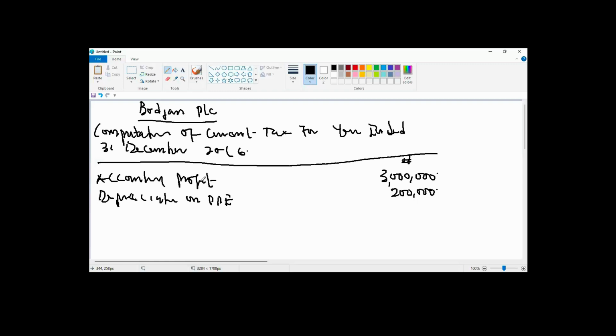Yes, because it's not under company income tax. It is under capital gain tax. So if it is profit, I will less. If it is loss, you add it.